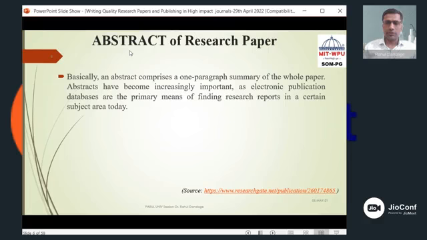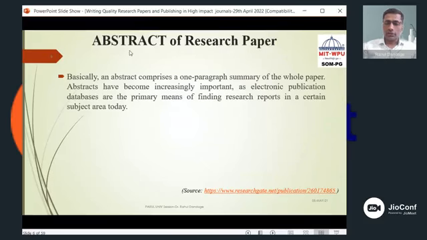maybe around 200 to 300 words. So after the title, all electronic platforms scan the abstract, relevant to whatever people put into their search engines. If the abstract is connected to those keywords, maybe your paper is going to get reflected in the search engines.